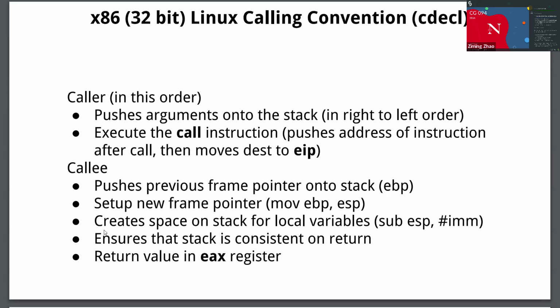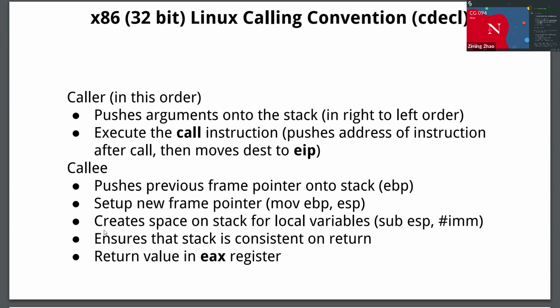So the caller will first push arguments onto the stack, in right to left order. The rightmost argument is pushed onto the stack first, until the very first argument. Then the caller will execute the call instruction. That's the caller's job. That's the convention.